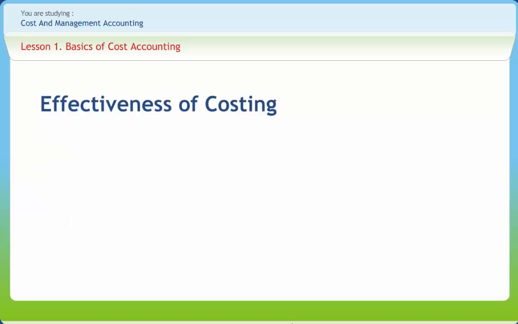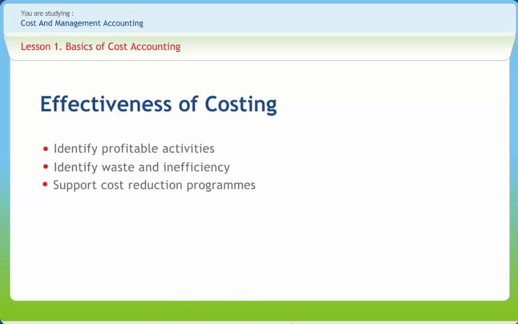The effectiveness of costing can be understood by the fact that costing helps in identifying those activities that would be profitable for the firm to undertake. When done properly, costing also identifies waste and inefficiency. It supports cost reduction programs and analyzes movements in profits. Needless to say, costing has been quite effective in the estimation and fixing of selling price.